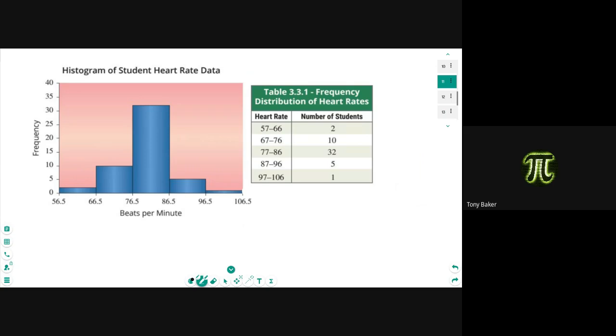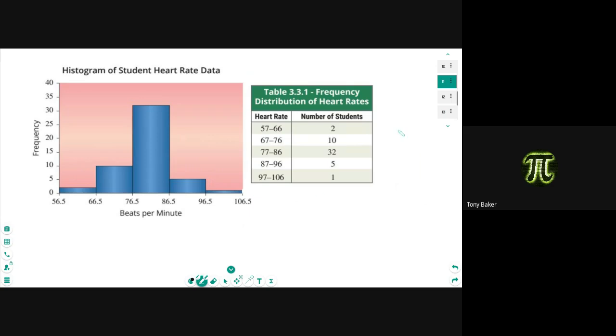So the class width we used to create the frequency table is actually the width of the bar in the histogram. Okay, so that's that connection back to it. Those should be exactly what your width is when you subtract those, because we're not counting either of those numbers. We're looking at between those values. Okay.